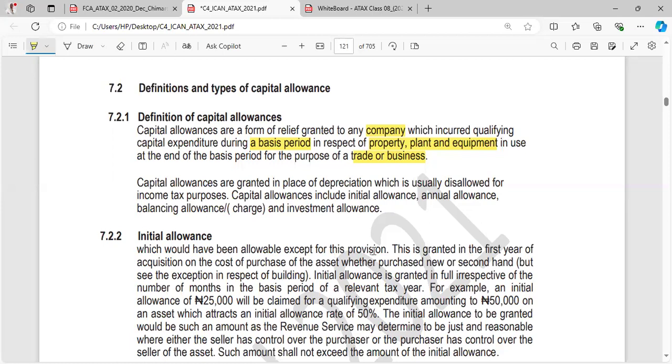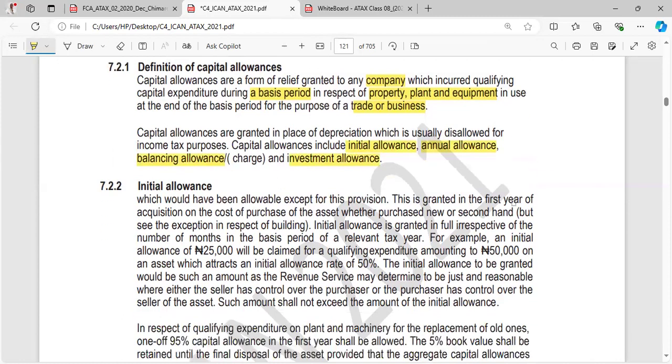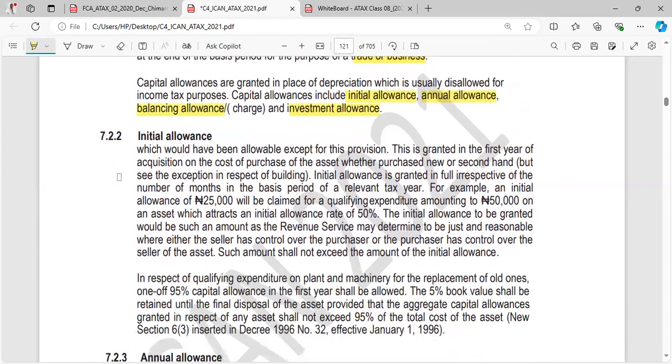Now there are allowances that we will claim that are divided into different types. We have initial allowance, annual allowance, balancing allowance, and investment allowance. Now we are going to talk about all these allowances. Initial allowance.